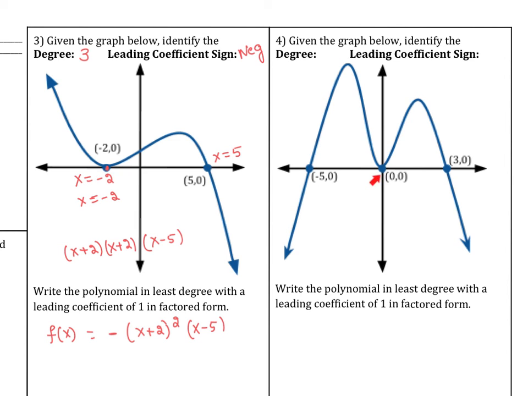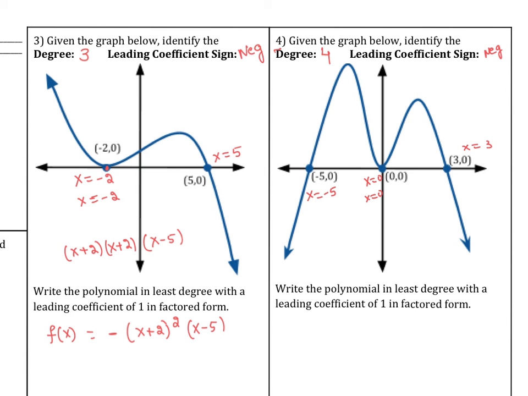Here the root is also repeating, so if we discuss number 4, the leading coefficient for that one is negative. The degree is 4 because I can see that it's a W shape. This is x equals 0, x equals 0, x equals -5, x equals 3.